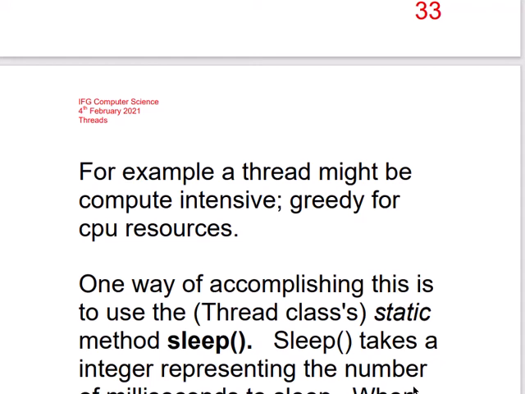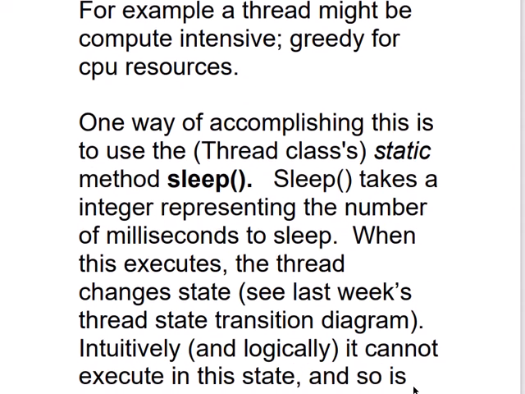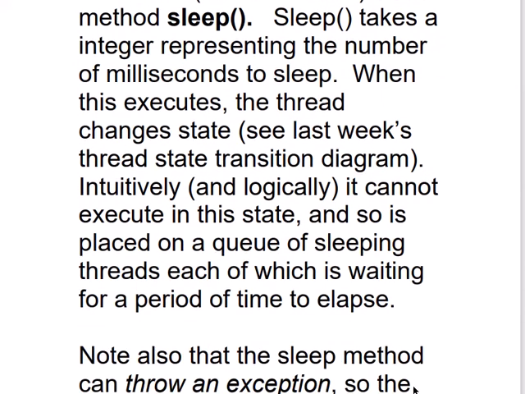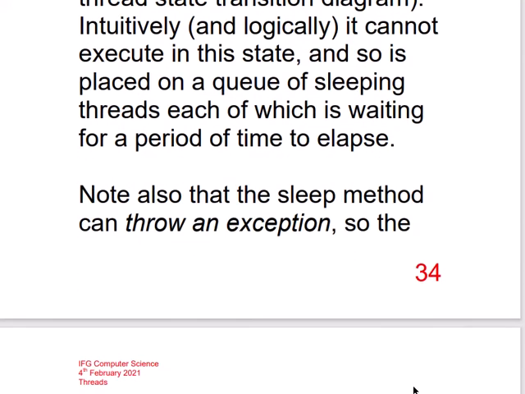So one way of handling that is to use the static method sleep. Sleep takes an integer representing the number of milliseconds and nanoseconds to sleep, and when this executes, this thread changes state and can't execute in this sleeping state, and so is placed on the queue of sleeping threads, each of which is waiting for a period of time to elapse.